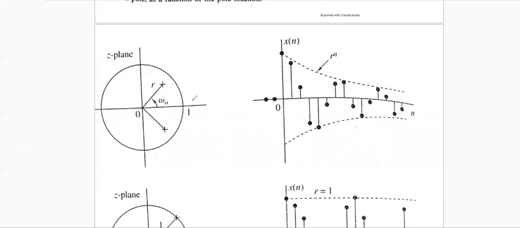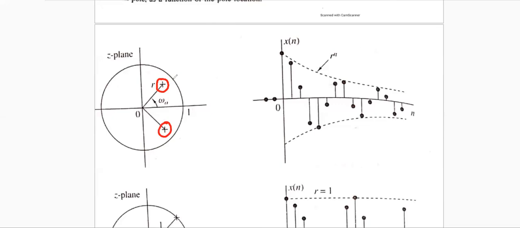As you know, this rotation gives you the omega value, and this value represents R, that is the modulus of the Z value. So if we have a complex pole here, of course we must have another pole on the other side of the axis.